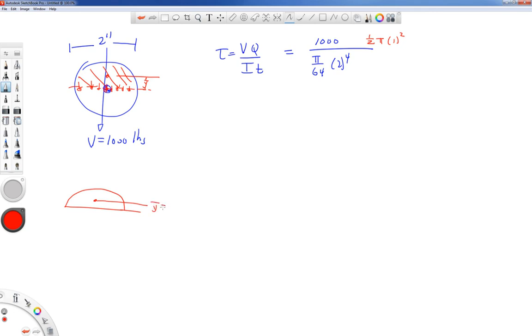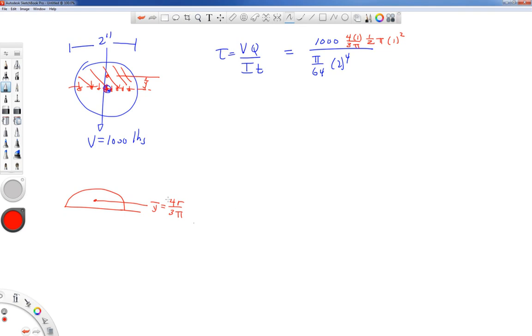But it turns out the y bar for a semicircle is 4r over 3 pi. So in this case, the Q would be y bar times A, with y bar equal to 4r over 3 pi, where r is a 1-inch radius. At other places, you'd have to use an integral. However, on the top and on the bottom of the cross-section, we do know that it goes to 0.